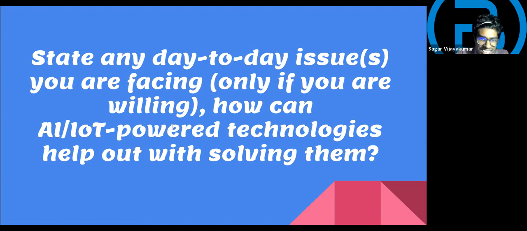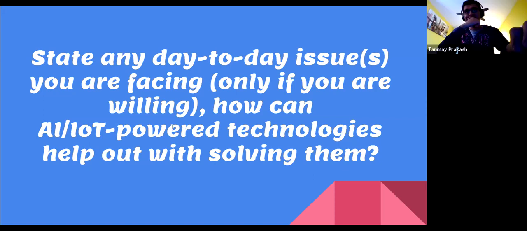Okay, Tanmay says AI robot maid. Well, I mean, isn't that basically Roomba? That robot that goes around vacuuming places? Or is that, I mean, that's an application of it, but it's not a full maid.